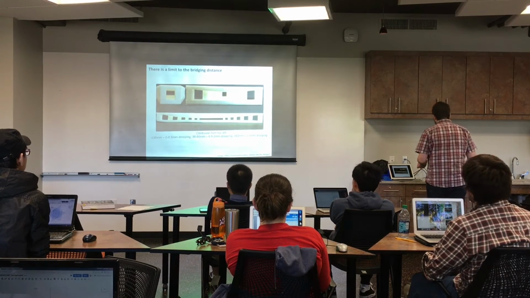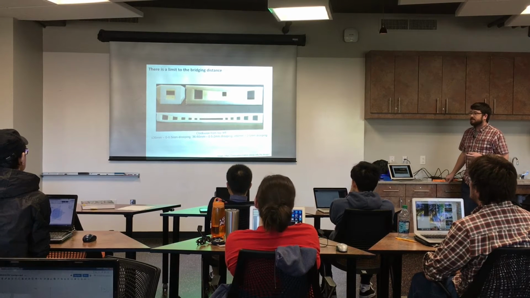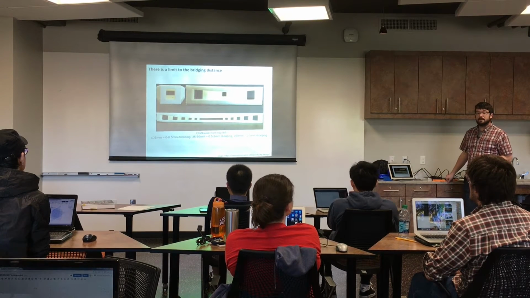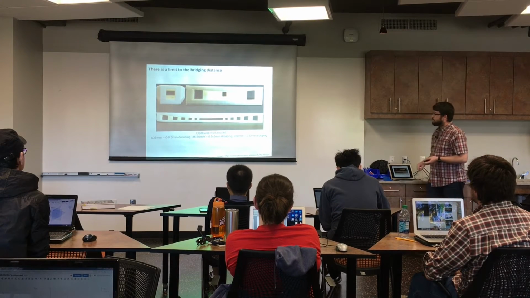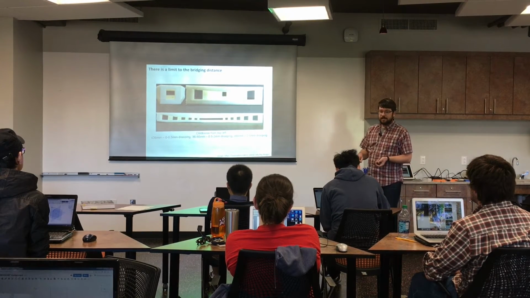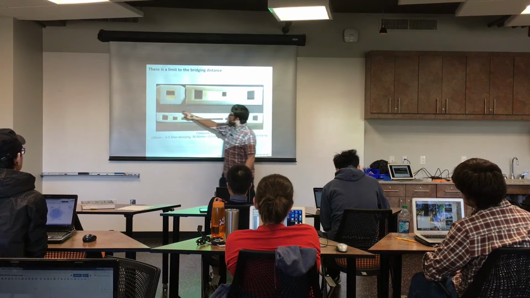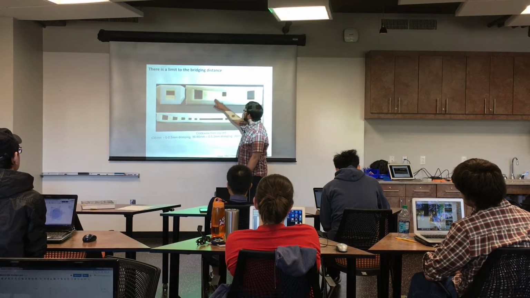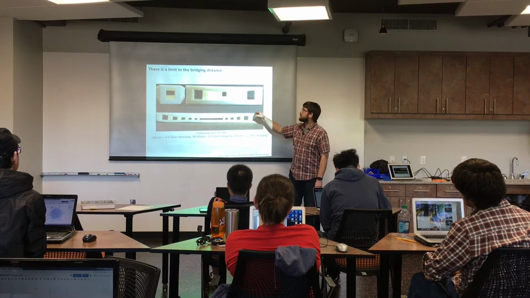Some design considerations and some things to think about. Just because you can design it in the CAD tool doesn't mean it can be made in the shop, and it certainly doesn't mean it can be made on a 3D printer. 3D printers have this nasty habit of not liking to print over thin air. It's called bridging. So in this part, they just had, you can see, a narrow end and a wide end, and they tried to bridge across thin air to see how it would go with this particular printer.